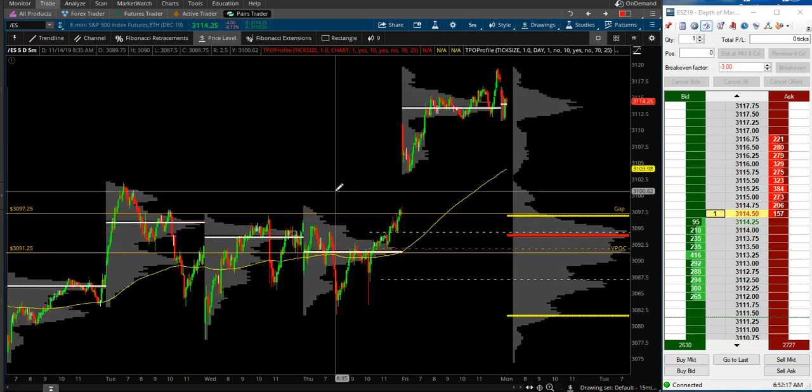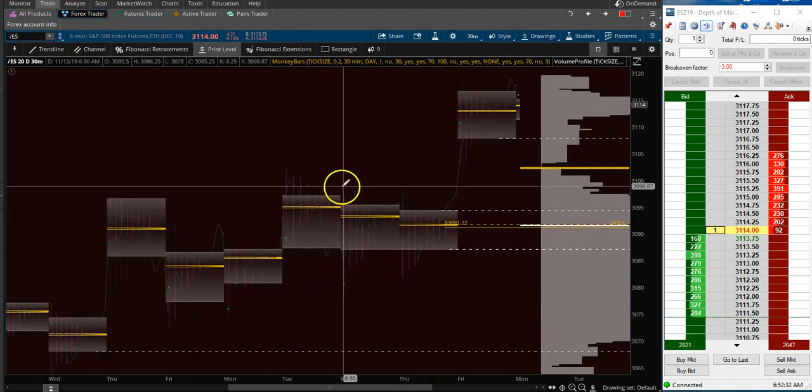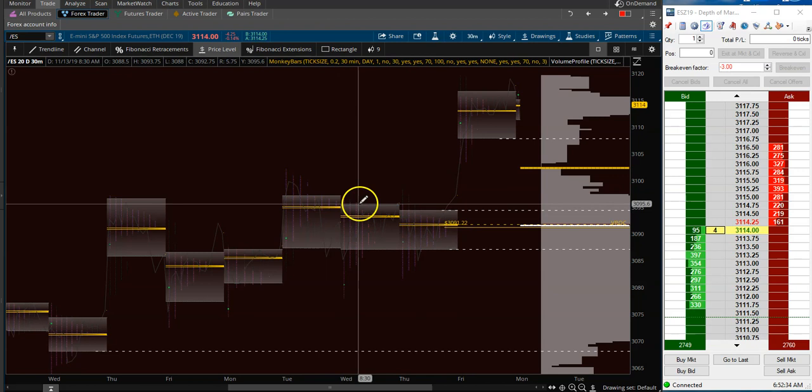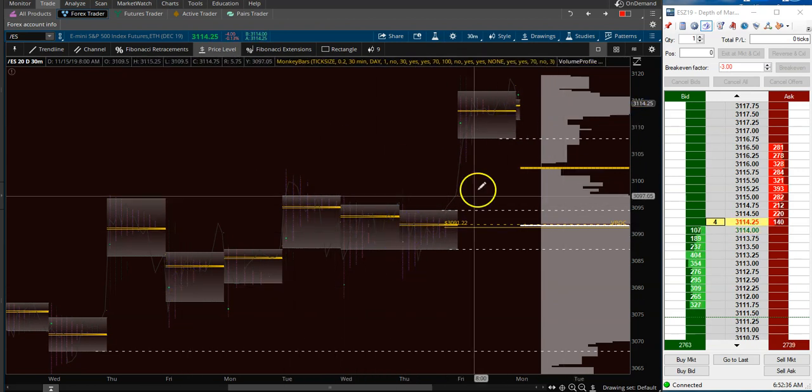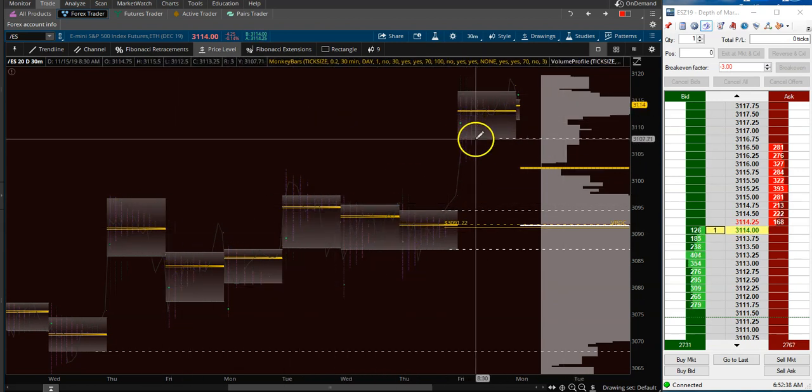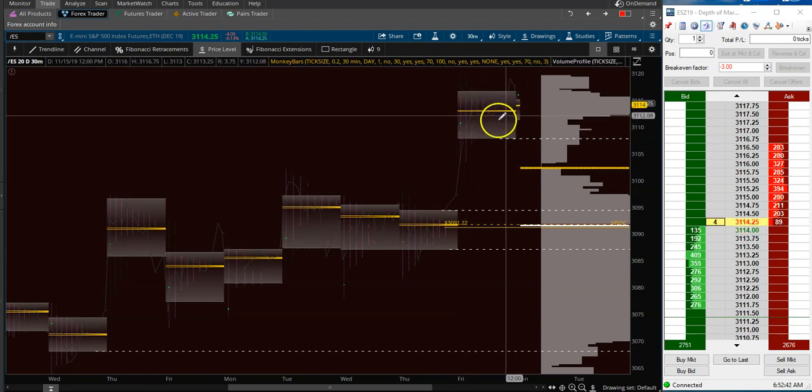And then every time we roll through contracts to a brand new contract, what I'll do is I'll actually erase all the lines and start from scratch. So I'll even kind of go back and I'll start to look at all these, maybe the last 5 or 10 days, and mark off any naked value area high or lows or point of control.